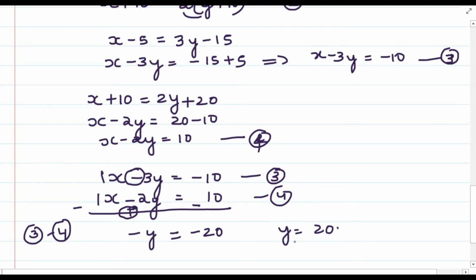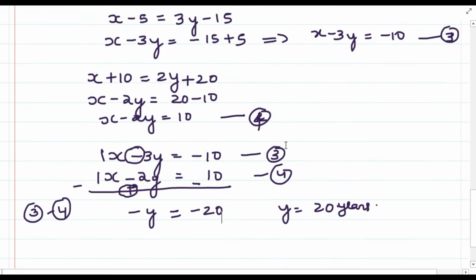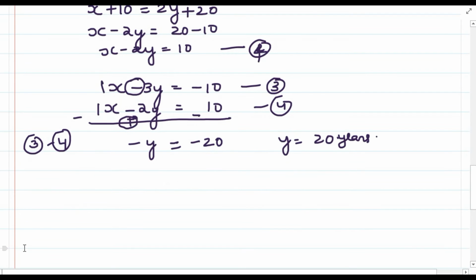Age cannot be negative. So Sonu's present age is 20 years. Now we need to find out Nuri's age. Any of these equations you can substitute. So I will substitute in X minus 3Y equal to minus 10.